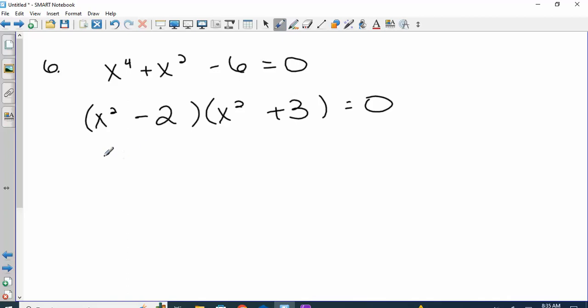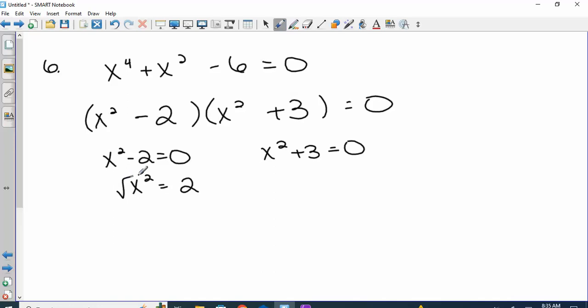Alright, so if I want you to get the solutions, you can set each of these equal to 0. So we get x squared equals 2. So then we would do square root plus and minus. So we get a positive and negative square root of 2.